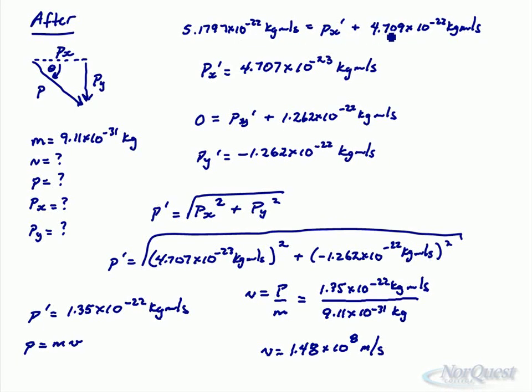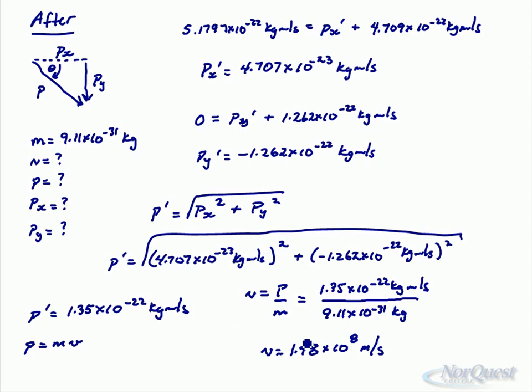The two x components of the resulting X-ray and the electron have to add to it. That's where my 4.707 times 10 to the negative 23 came from. My y components have to add to 0 because initially there was no y component. So the y component of the electron was equal and opposite sign to the y component of the scattered X-ray, 1.262. Use Pythagoras' Theorem to find the resulting vector. Once you find the resulting momentum, use the momentum of a particle formula to find the velocity.